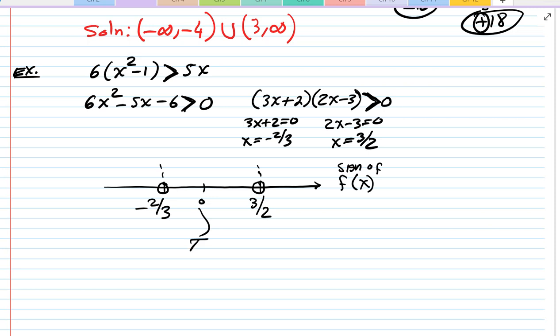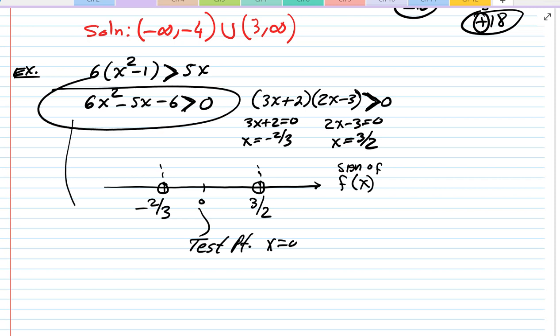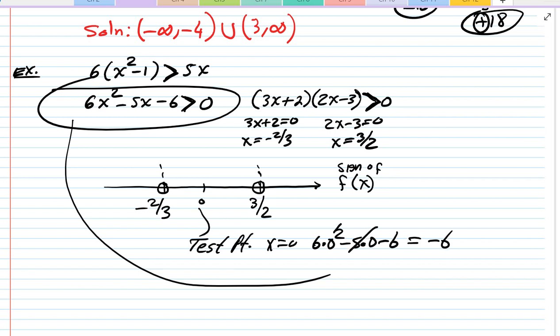So I'm going to let my test point be x equals 0 and plug it into this function. So I'm going to get 6 times 0 squared, minus 5 times 0, minus 6. That's going to be -6, right? Negative is what matters. Minus here.